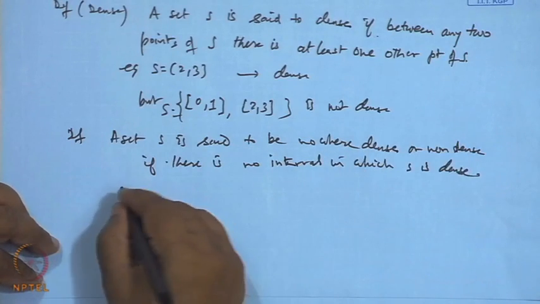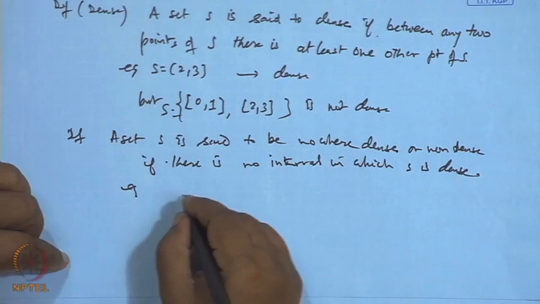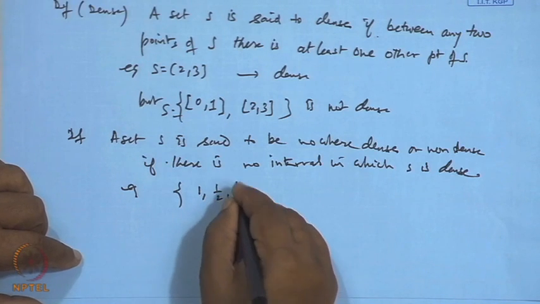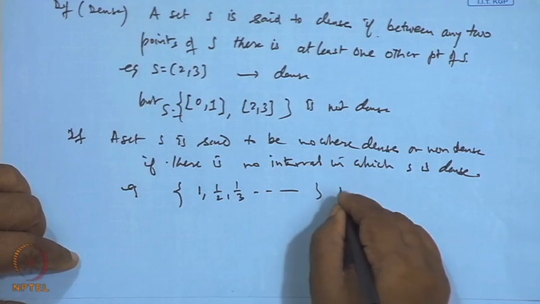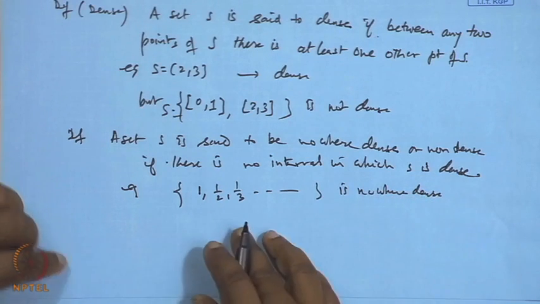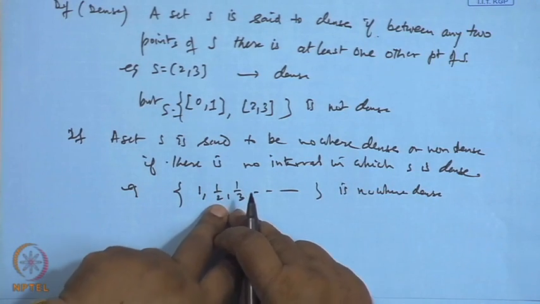For example, if we take the set 1, 1 by 2, 1 by 3, and so on, this collection is nowhere dense, because we cannot get an interval in between these points.